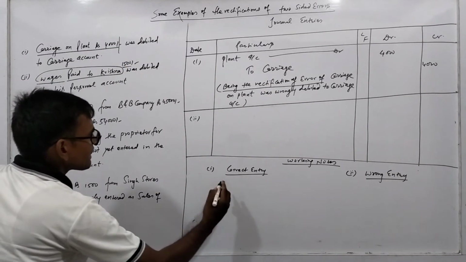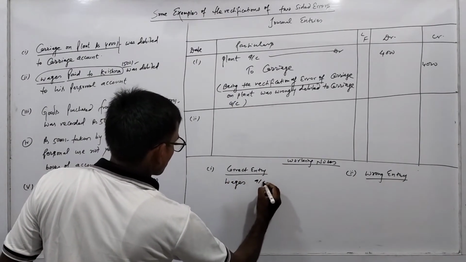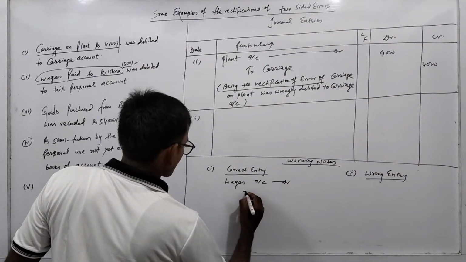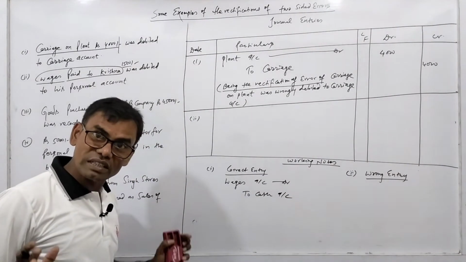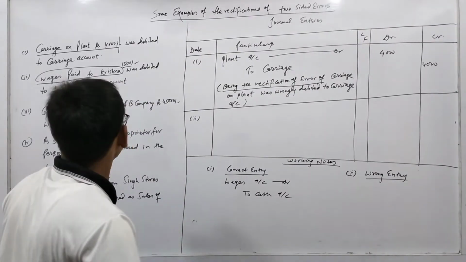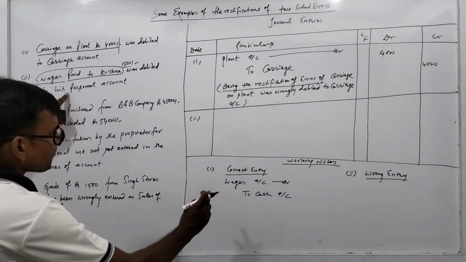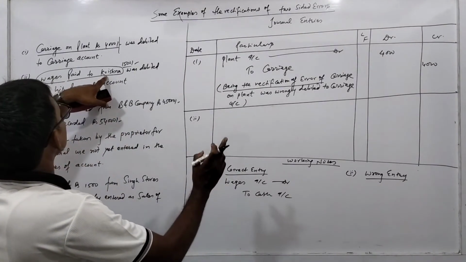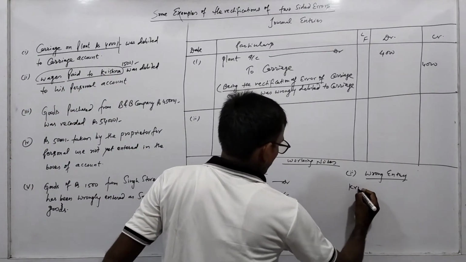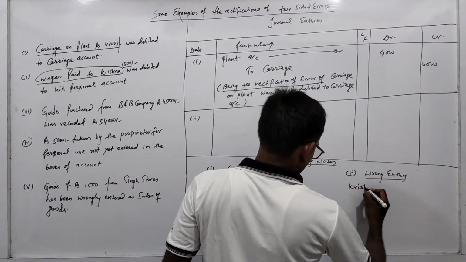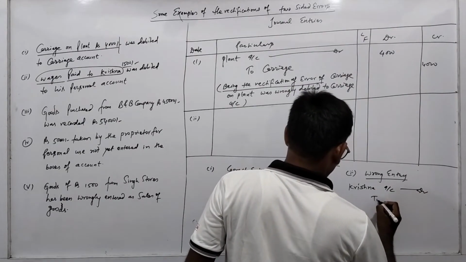So its correct entry will be wages account DR to cash account. Yes, wages account DR to cash account. But what mistake has he made? The mistake is that in place of wages, he has debited Krishna account, and therefore it becomes wrong: Krishna account debited to cash account.